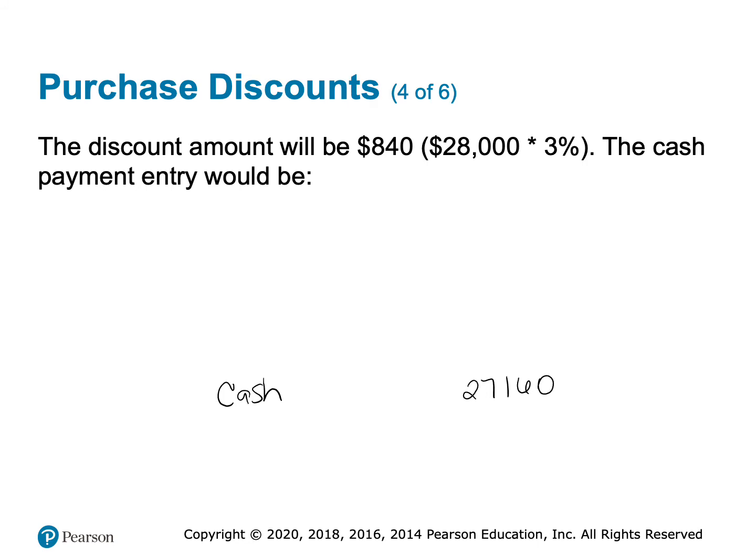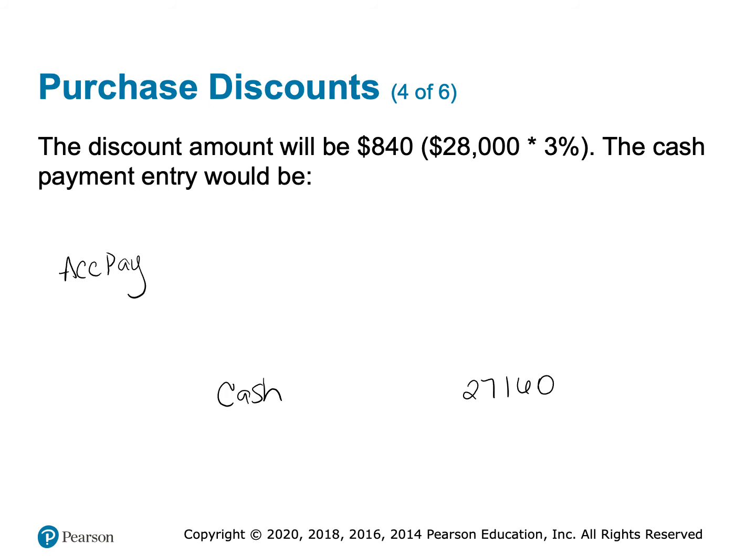Now, when I pay a debt, I've credited cash. I want to debit accounts payable to reduce my liability to show, hey, I don't owe them this anymore. So hopefully you still have your T account written down in your notes there, and you notice that accounts payable has a credit balance of $28,000. So if I want to reduce that liability, since liabilities have a normal credit balance, I want to debit accounts payable.